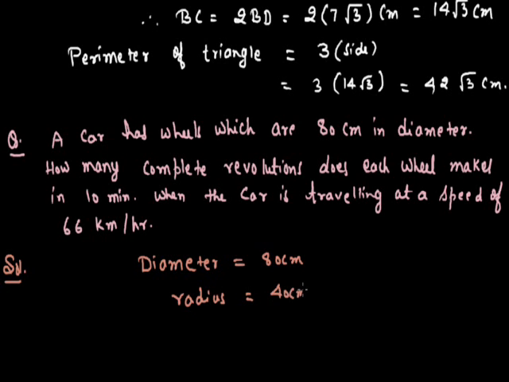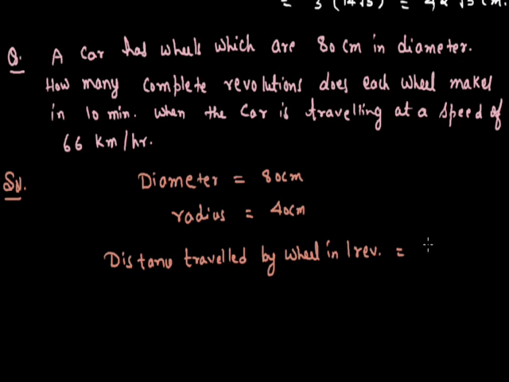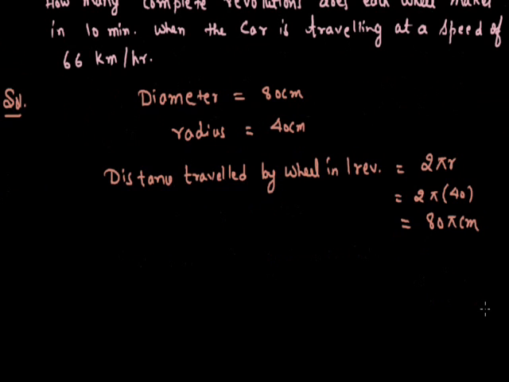So the distance traveled by the wheel in one revolution is equal to 2 pi r. So 2 pi times 40 centimeter is equal to 80 pi centimeter. So this is the distance traveled by the wheel in one revolution.